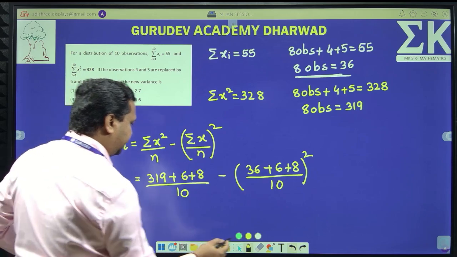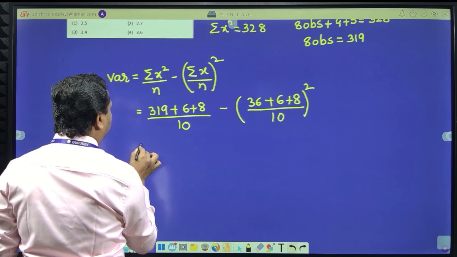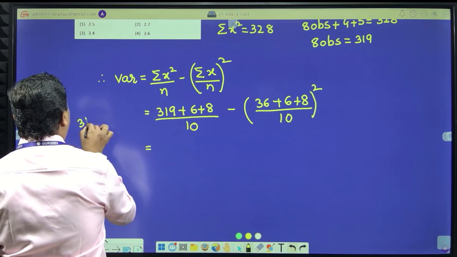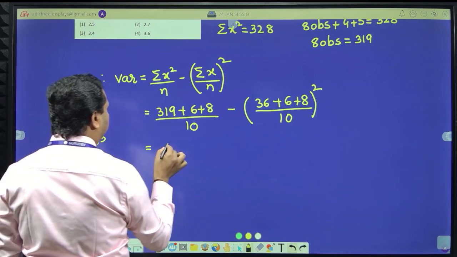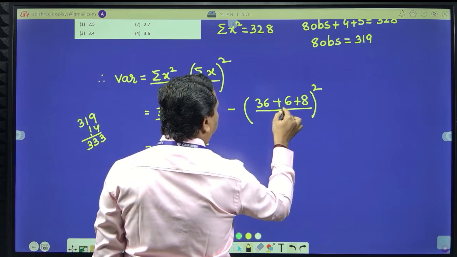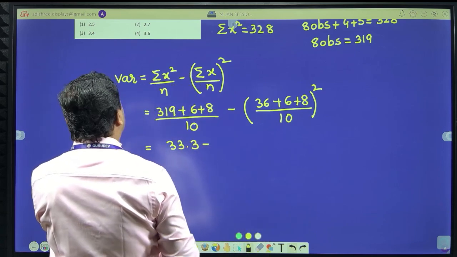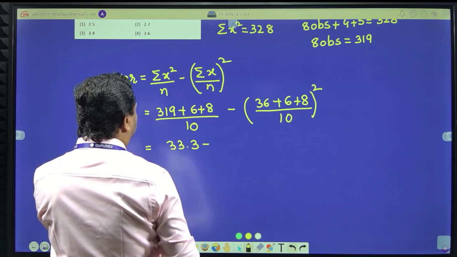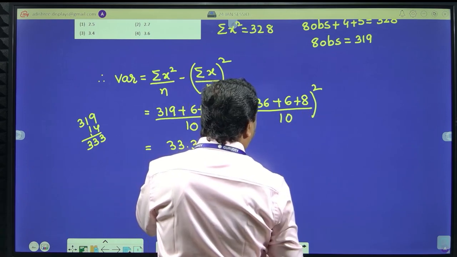So what will we get? 33.3 minus 6 plus 8.